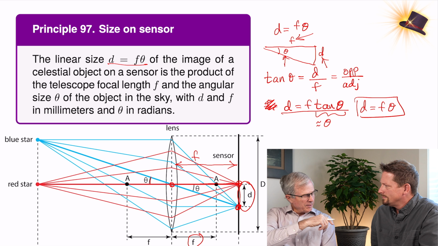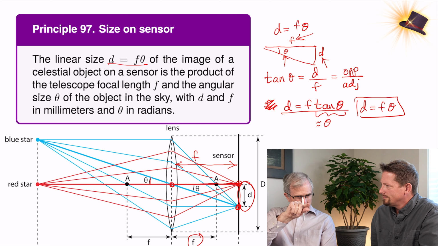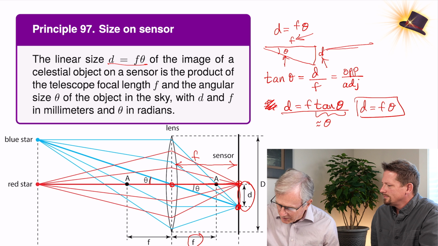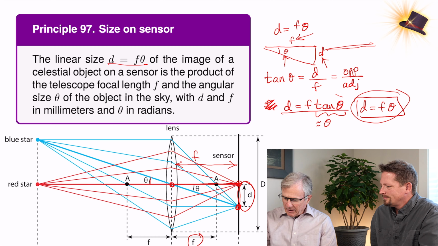As we talked about in our video about angles, we showed a picture of what a 1 degree angle looks like, and it's a really, really small angle. And for very small angles, the tangent of theta is approximately equal to theta, and D equals F theta is valid.